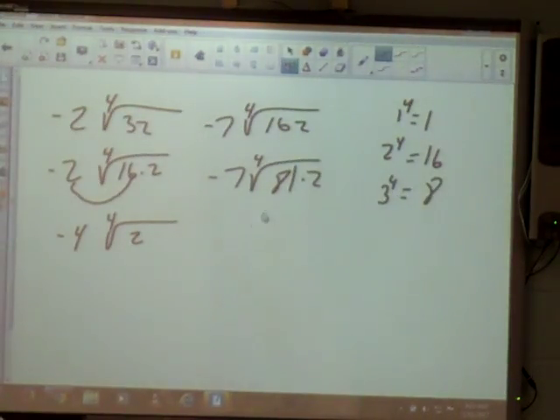Yes, it is 3. So I'll bring that 3 out. Multiply by 7. That makes minus 21 fourth root of 2. So now be careful on your signs. Negative 4 minus 21.